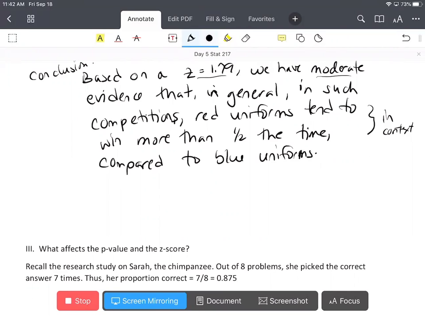No, our research was based on combat style, one-on-one competitions. So we can't generalize to football or tennis. Could we do future studies? Sure, but we can't generalize this to other things. And that's where a lot of times you'll see in the news or in a health magazine where someone will grab a study like this and then generalize and say, red uniforms win the most. Well, you can't just say that, okay?